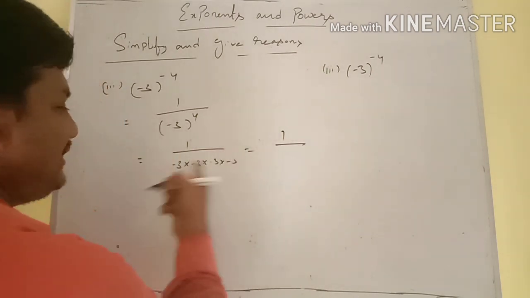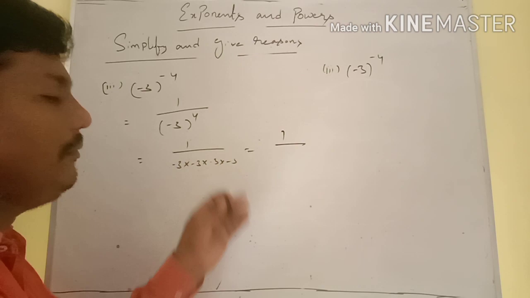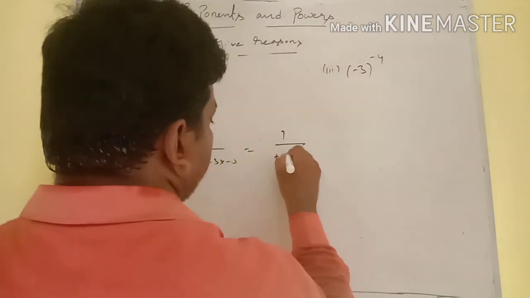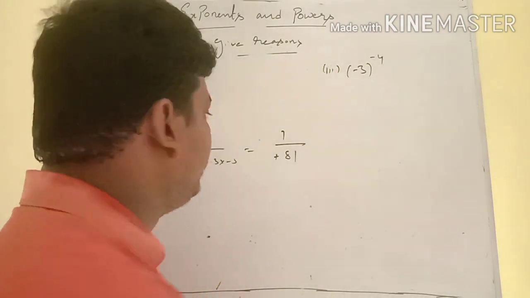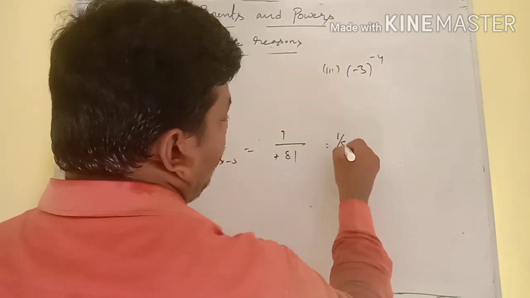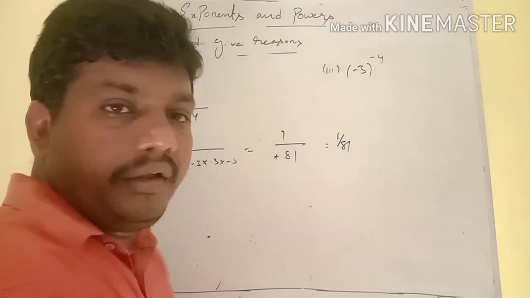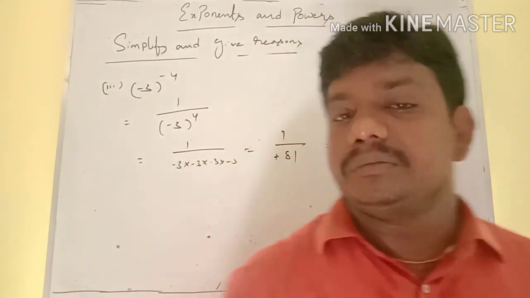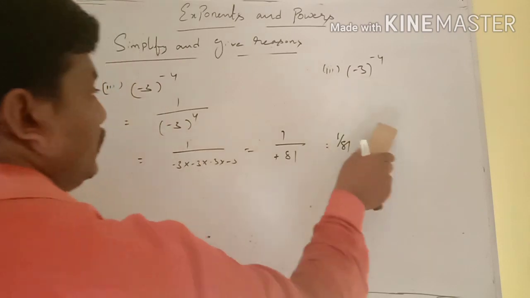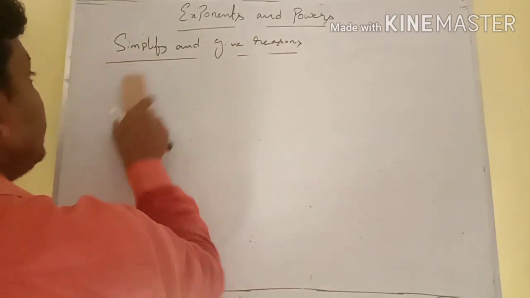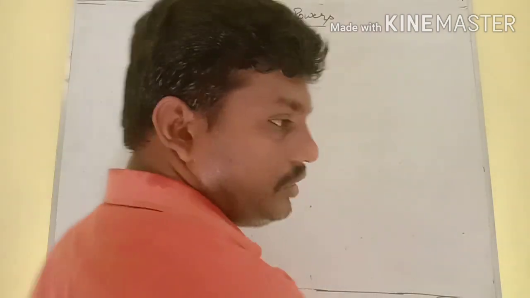We know that when minus is repeatedly multiplied an even number of times, it is plus. This is plus 81. 3 3s are 9, 9 3s are 27, 27 3s are 81. The answer is 1 by 81. This is how to simplify the given values. Next we are going to see some more examples of how to solve such questions.